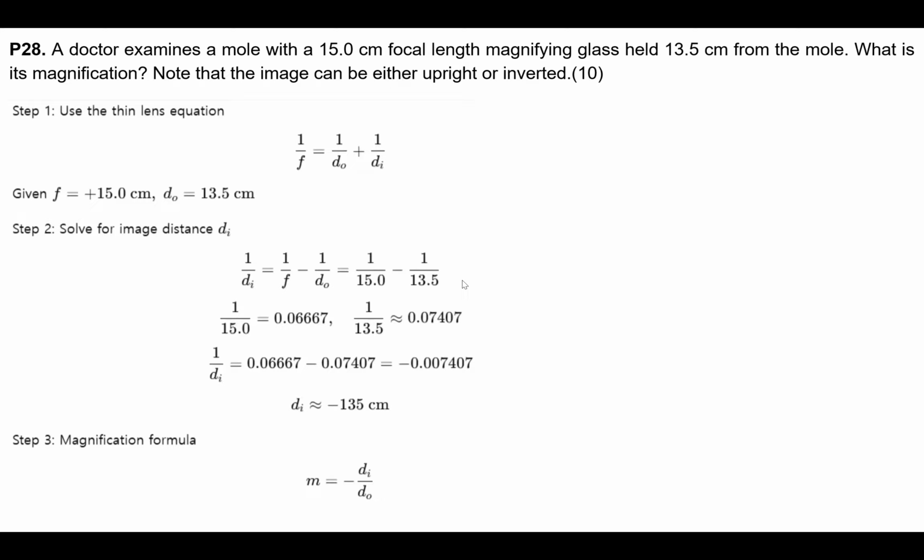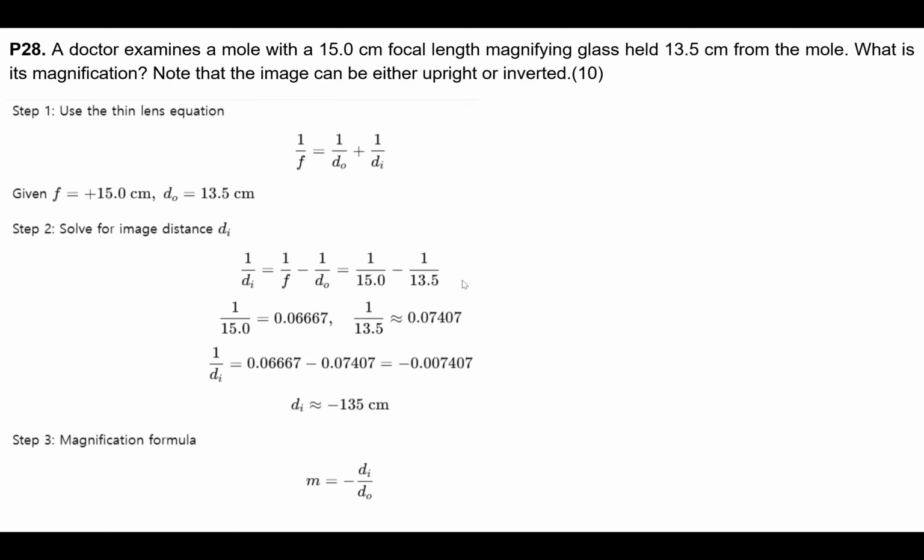So in this case, we need to apply the lens law, the lens equations. DO is the object distance, DI is the image distance.